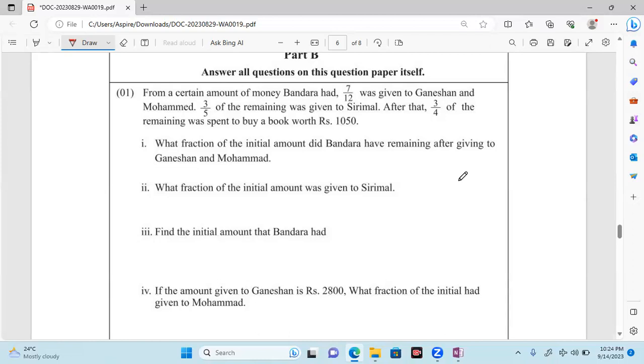After that, 3/4 of the remaining was spent to buy a book with 1050. What fraction of the initial amount did Bandara have remaining after giving Ganeshan and Mohammed?